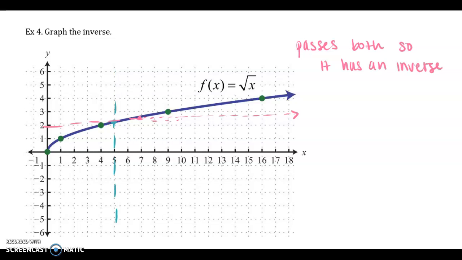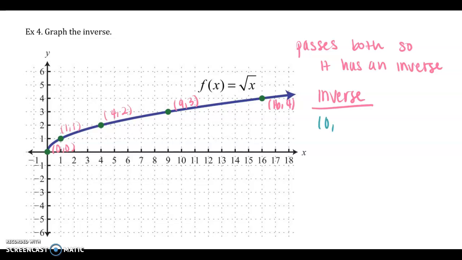Alright, so now what I'm going to do is erase these lines that I used, and go ahead and find a couple of points that I could use. So here's this point down here, that's 0, 0, 1, 1, 4, 2, 9, 3, 16, 4. So remember when we did the first example of finding the inverse, when we had points, we switched the x's and the y's. So I'm going to take all these points and switch the x's and the y's.